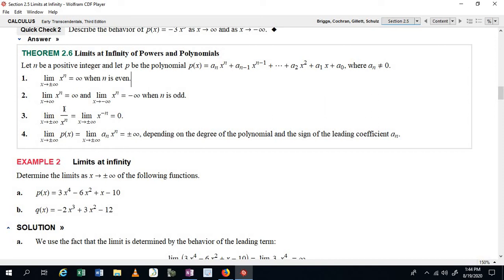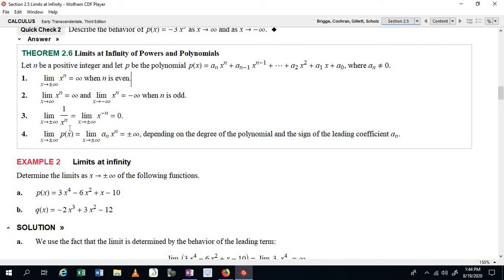But if n is odd, then the end behavior on the right side as x goes to infinity would be up because this is equal to infinity. Whereas on the left side, as x heads towards negative infinity, it would be downward, right? Because the y value is heading towards negative infinity. So we already know that.